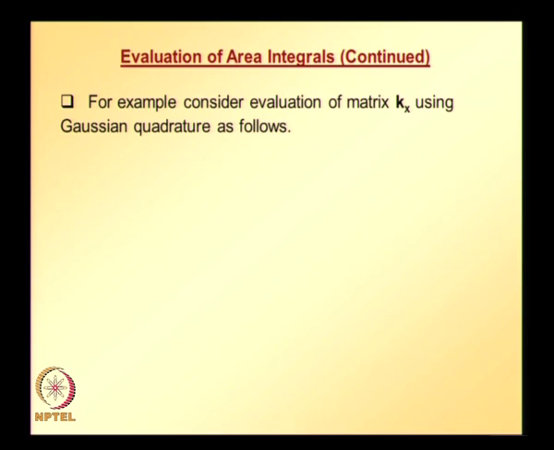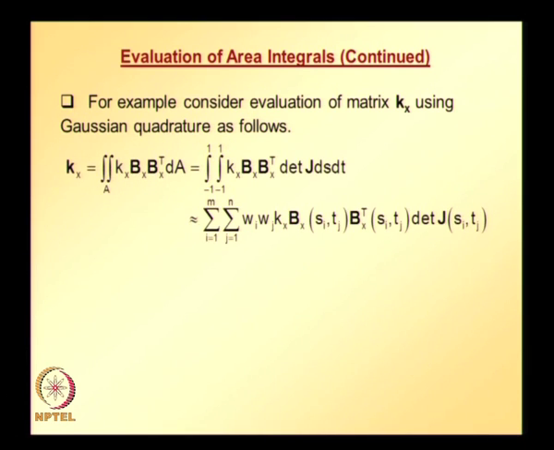For example, consider evaluation of matrix kx using Gaussian quadrature. So, this is how kx matrix is defined, integral over area of bx transpose times kx times bx. So, we need to evaluate bx transpose times kx over this area.